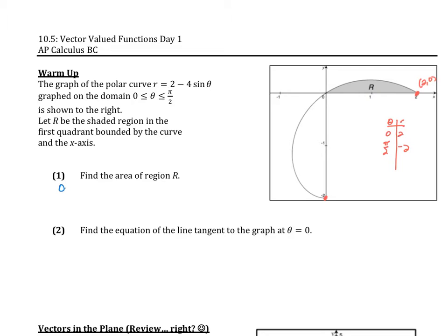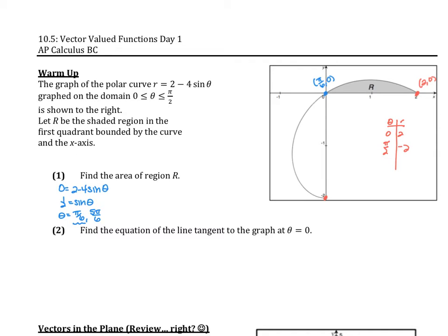I'm going to say that 0 equals 2 minus 4 sine theta, which means that 1/2 equals the sine of theta, which means that theta equals pi over 6, 5 pi over 6, etc. But we're really only concerned about pi over 6. So this would be the point (pi over 6, 0).